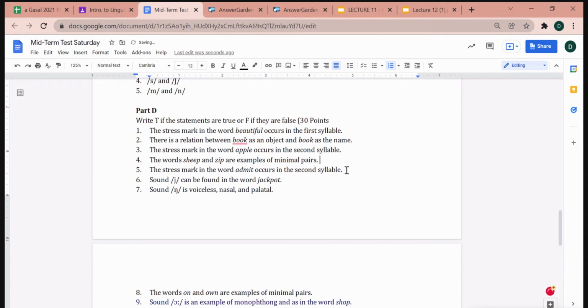Number 5. Correct. Yes, correct. Since this one is verb. So how do you pronounce admit? That's the problem. How do you pronounce it? You said that the stress mark occurs in the second syllable, but when you say admit, that's not correct.